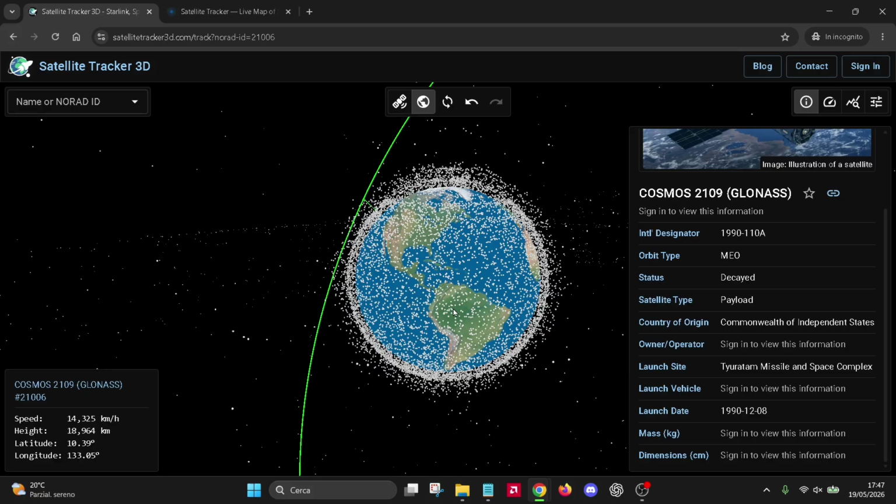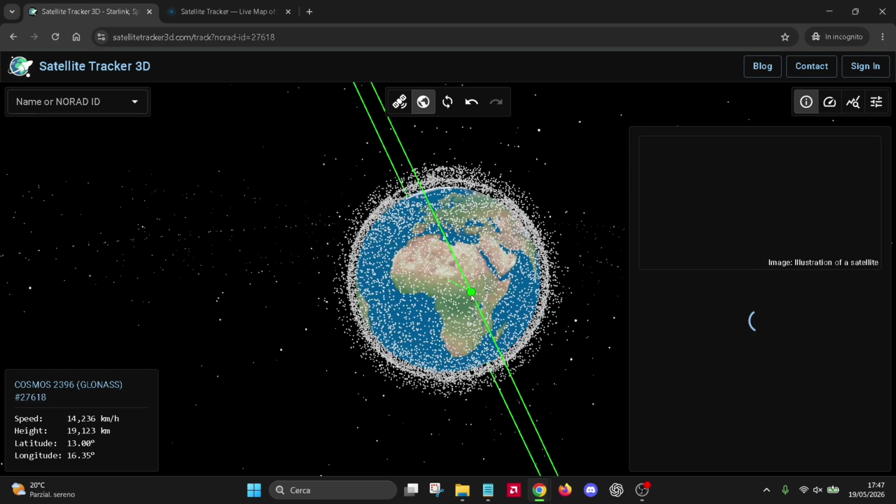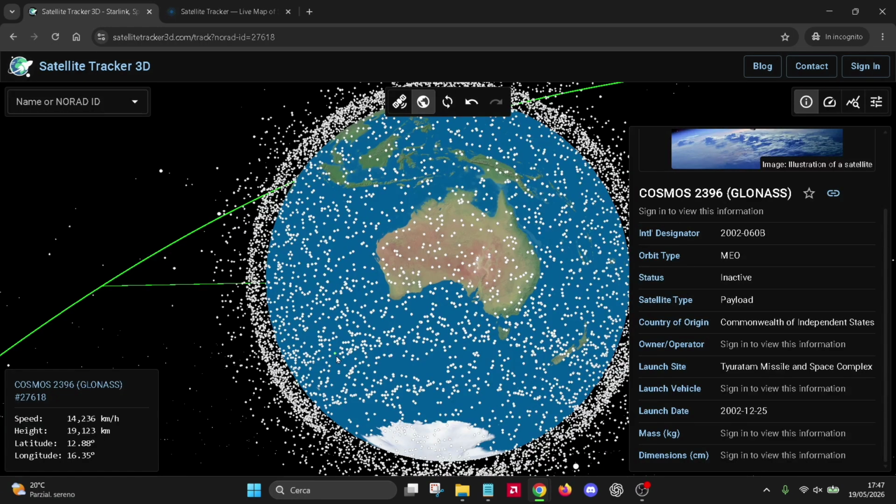Earth observation satellites track deforestation, wildfires, sea ice, and crop health. Scientific satellites study the Sun, Earth's atmosphere, and the broader universe. Many services we use every day rely on space infrastructure that most people rarely think about.